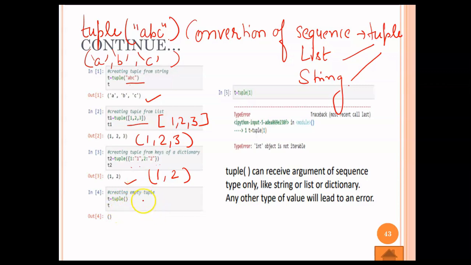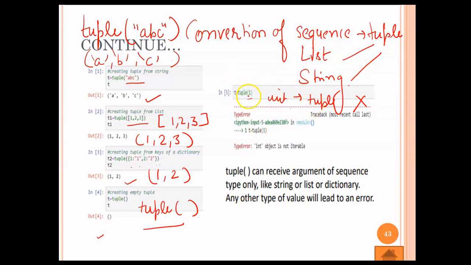Then we have an empty tuple. If no value is there, just the tuple function without any value, this is going to create an empty tuple. Then if one value is there, like 2, you can't write that now, because this is an integer. Integer to tuple conversion is not possible. Sequence to tuple is possible, but this is one ordinary variable.